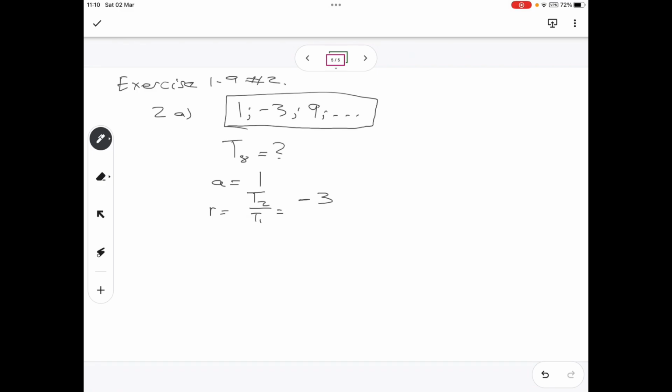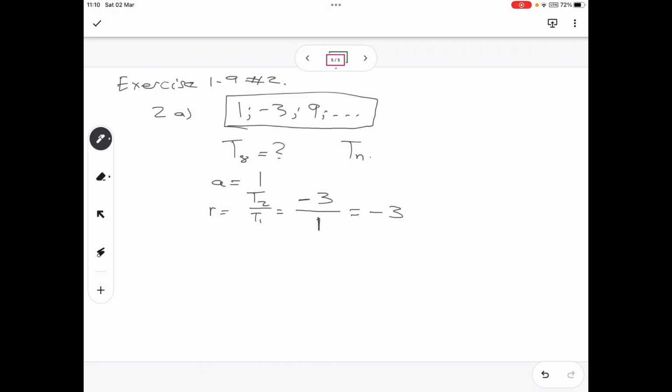We can have other terms after 9 all the way to the 8th term, but in this case, we have got 1, 2, and 3 terms. So our second term is -3. What is our first term? We know that it's 1. So our constant ratio then becomes -3 divided by 1, and that's -3.